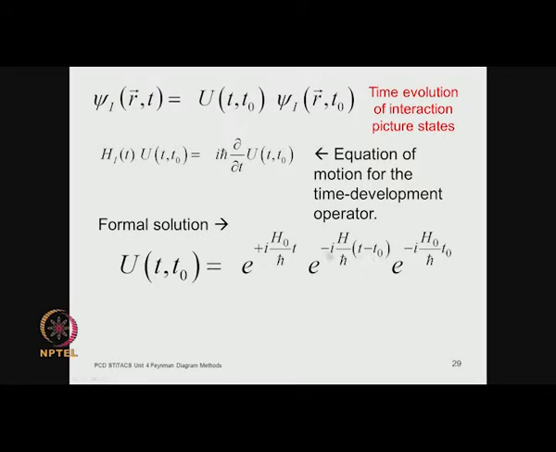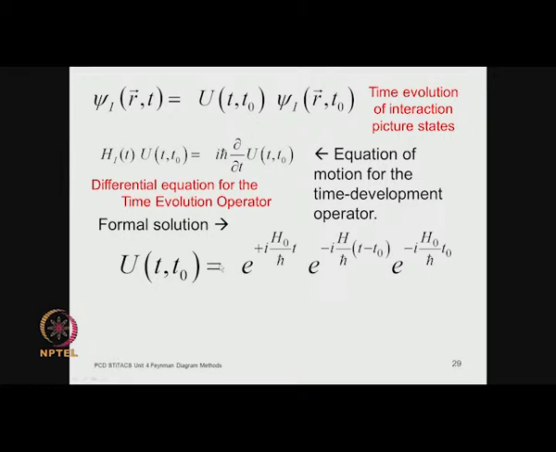So, H0 is the soluble part of the full Hamiltonian, and the full Hamiltonian H is made up of the soluble part H0 and an additional part which we wrote as H1, which is the one which generates the complication and which is what makes the whole problem so complex.